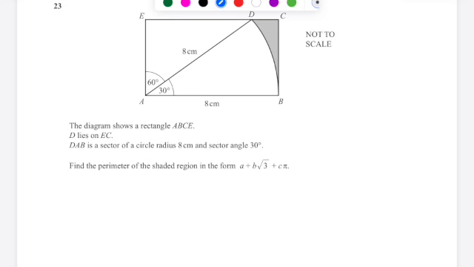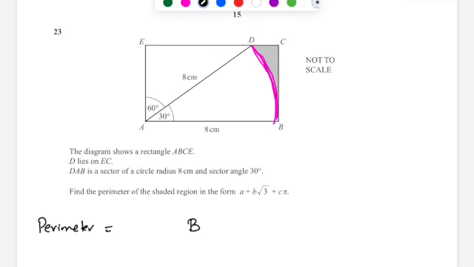Question number 23. The diagram shows a rectangle ABCE. What is being asked? Find the perimeter of the shaded region. So first of all, this is an arc. He is asking us to find this perimeter. The perimeter is made up of arc BD plus DC plus CB.